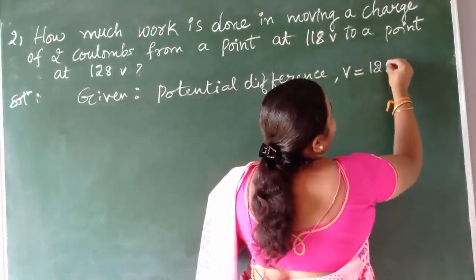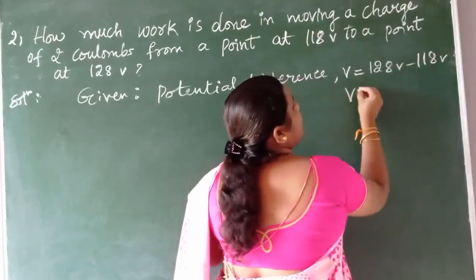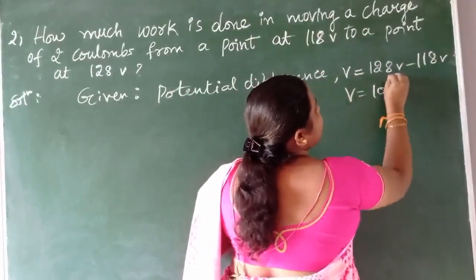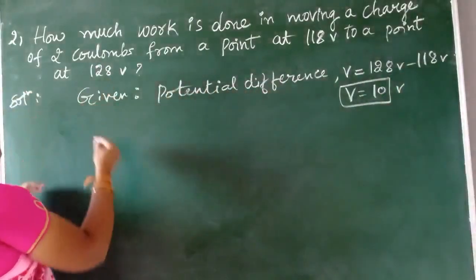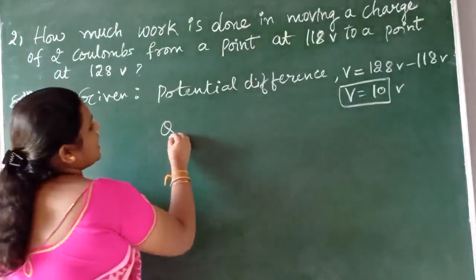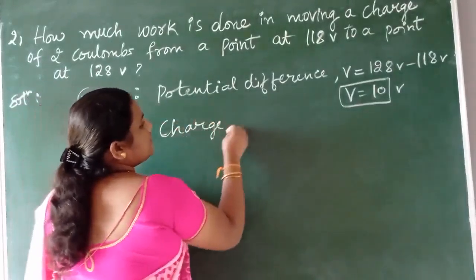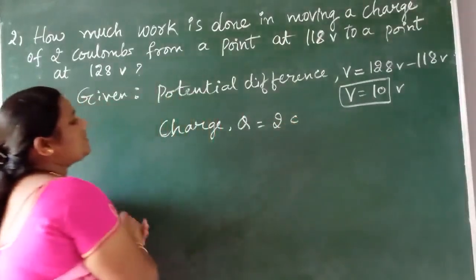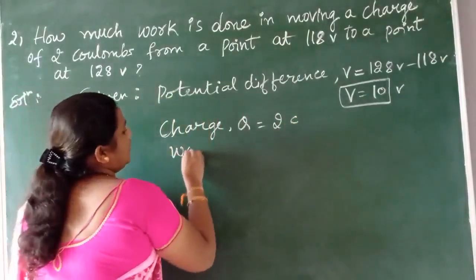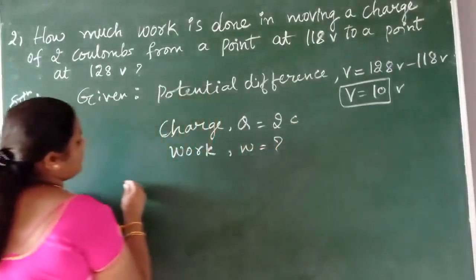So 128 volts minus 118 volts, you will get 10 volts as the potential difference. And the next value is what? Charge Q is equal to 2 C, meaning 2 coulombs, and work W is equal to how much?